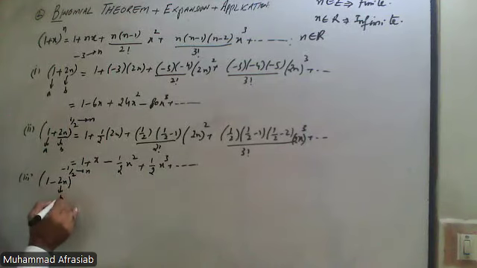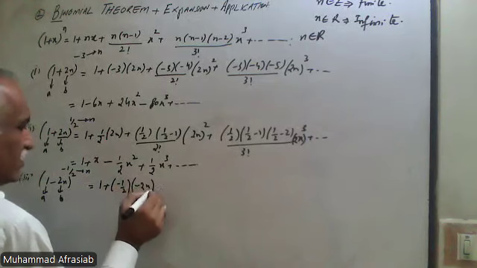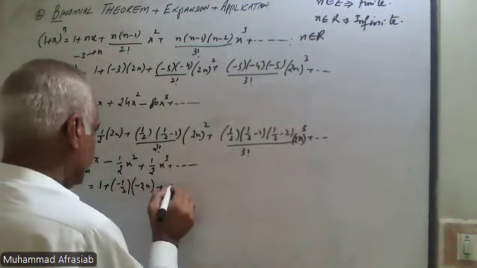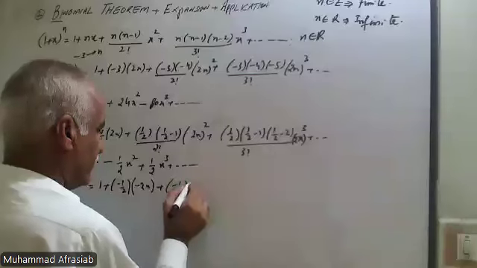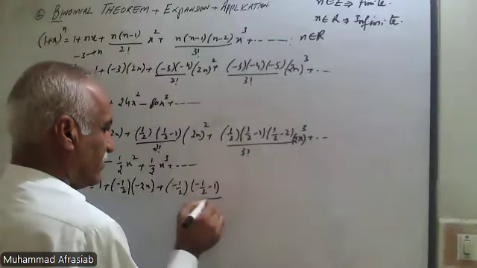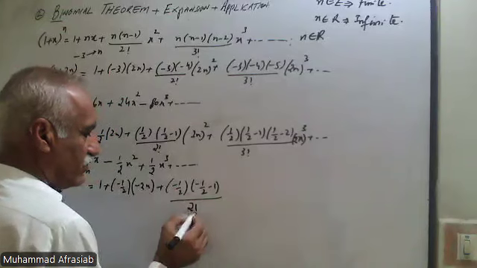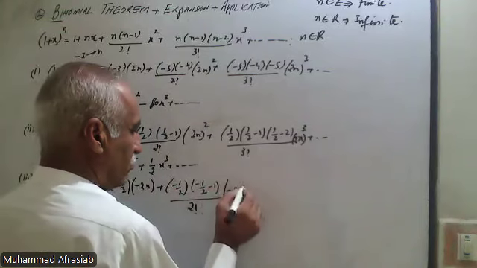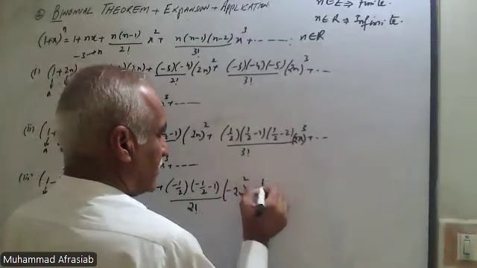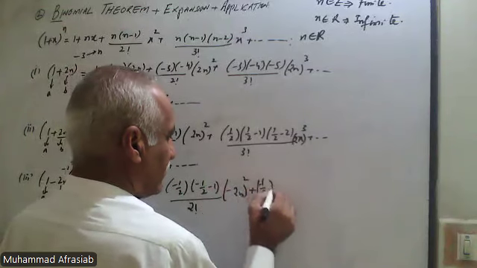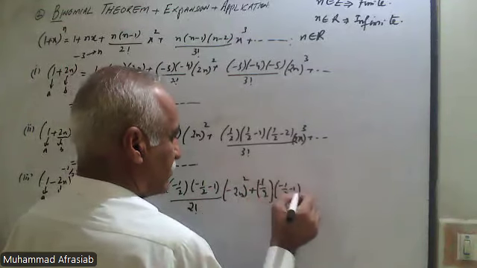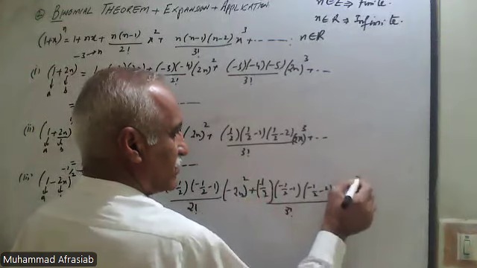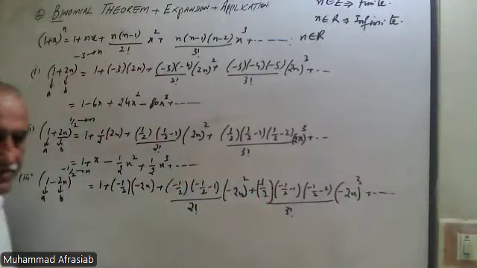So this can be written as 1 + (-half) into (-2x) + (-half)(-half - 1) divided by 2 factorial into (-2x) whole square + (-half)(-half - 1)(-half - 2) divided by 3 factorial into (-2x) whole cube and so on.